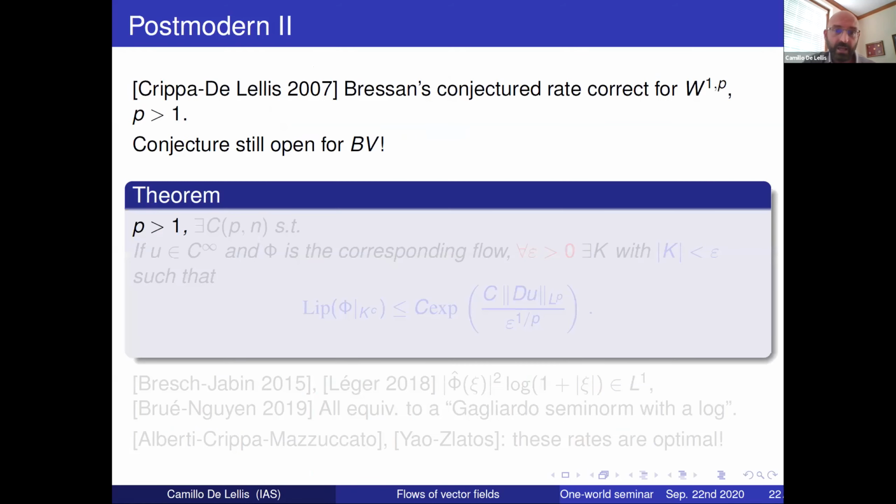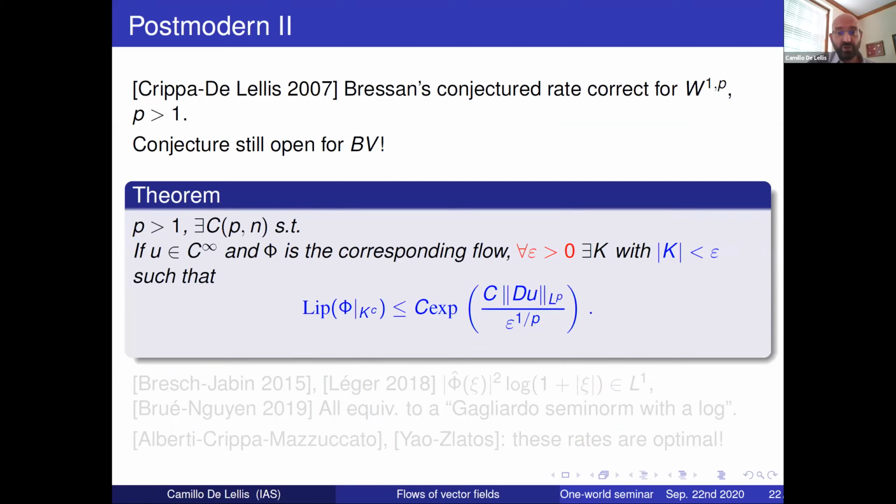Okay? And let me just give you something that, for instance, you can prove with this, but you cannot prove with the DiPerna-Lions theory. You can show that your regular Lagrangian flow has some regularity. For instance, you can show that for every epsilon you give me, I can throw away a set of measure less than epsilon, and find that the flow phi restricted on the complement of that set has a Lipschitz bound. Now, this Lipschitz bound is pretty bad though, right?